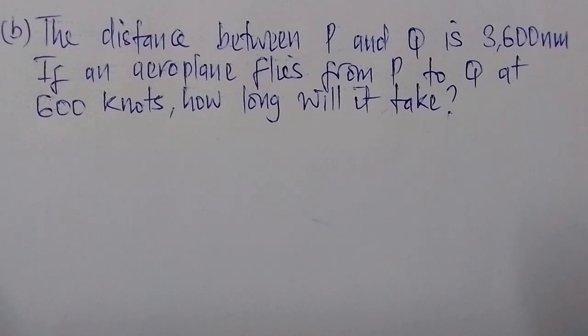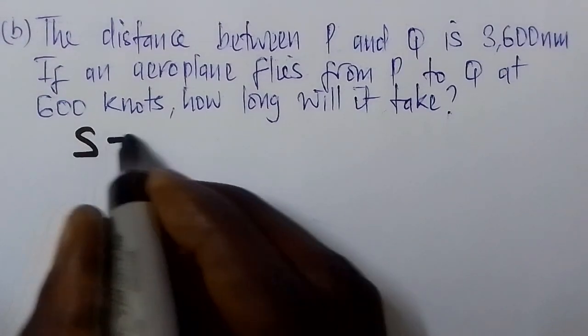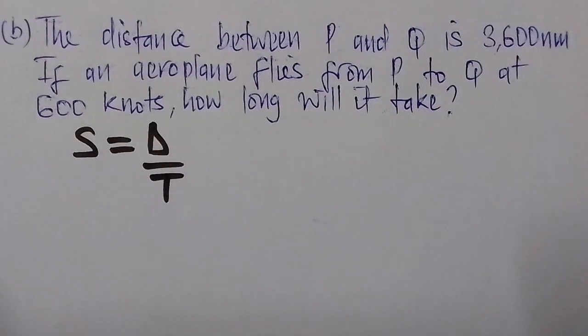For this one, we work with the following formula. Speed is equal to distance over time, that is, distance covered over time taken. In this case, we can make t the subject.